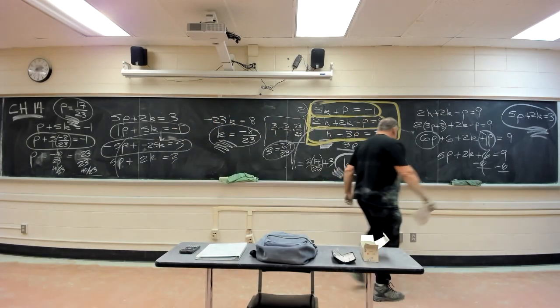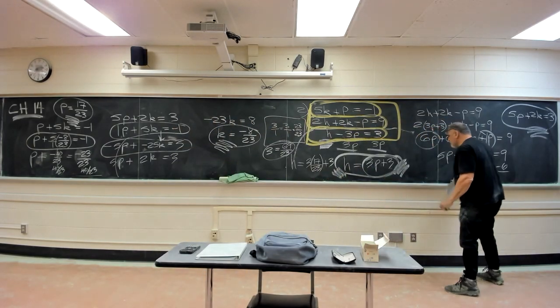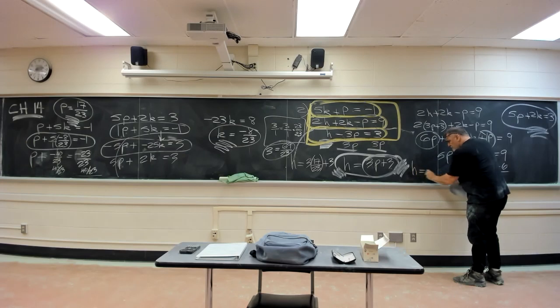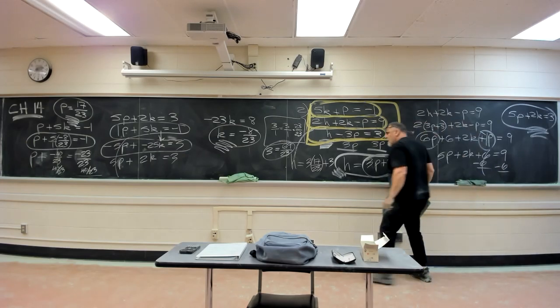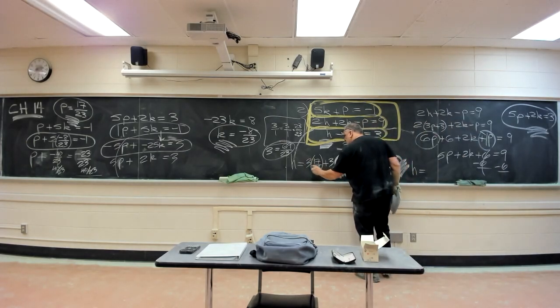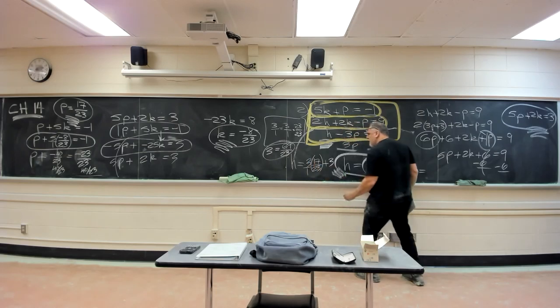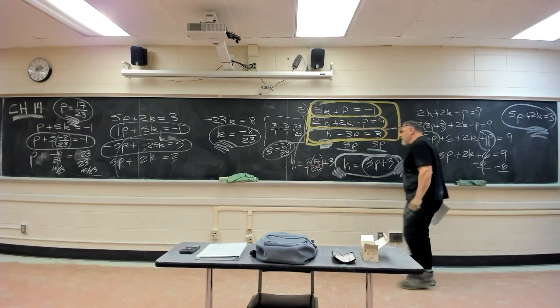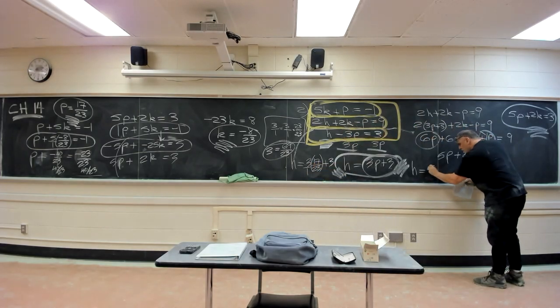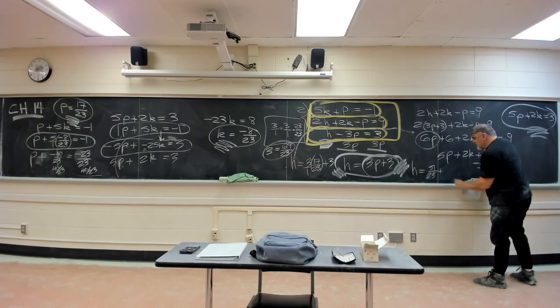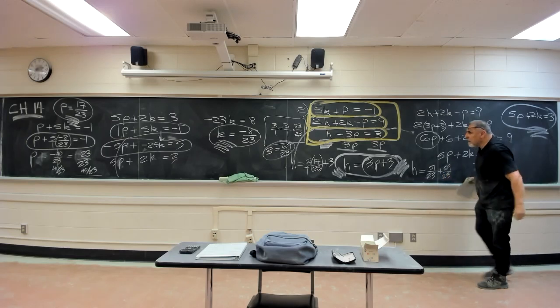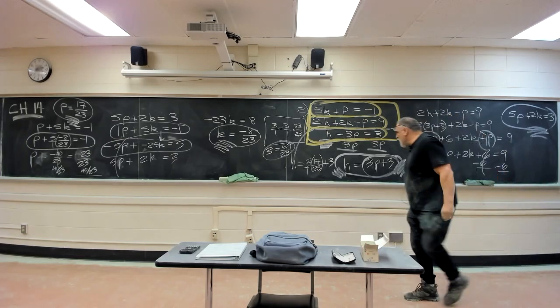See where we are here. H is 3 times, that's really 3 over 1, 3 times 17 is 51. It's 51 over 23. 3 is the same as 69 over 23. We're not talking about negative numbers here.